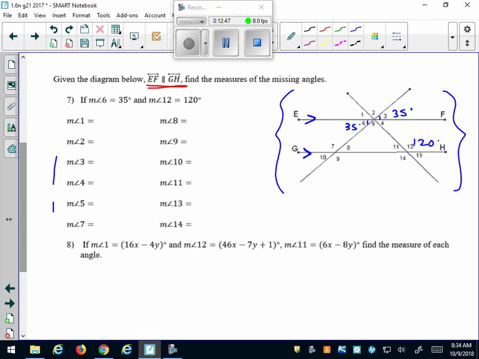And then our new theorem about same side interior angles, if this is 35, this has to be supplementary to that, and we should be able to fill in that angle, which is 145 degrees, because 145 plus 35 is 180. And so in this way, you should be able to fill in the rest of the angles.